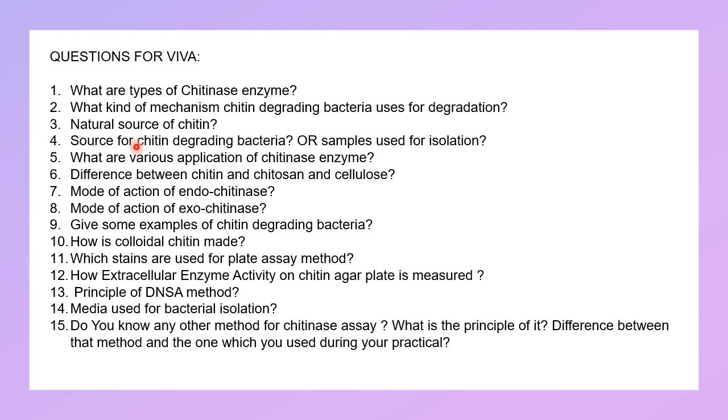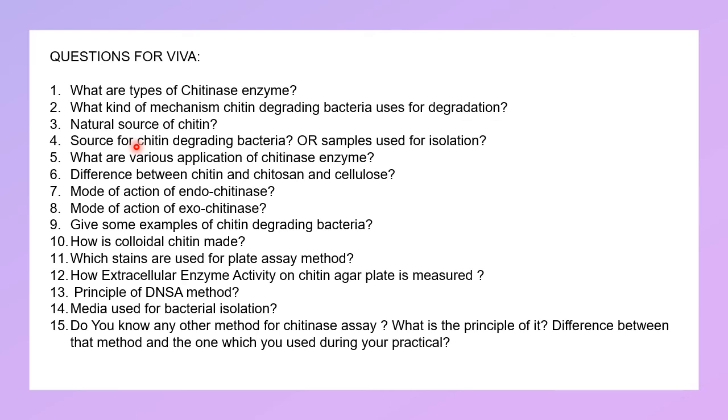Then how is colloidal chitin made, which stains are used for the plate assay method, how extracellular enzyme activity on chitin agar plate is measured, the principle of the DNSA method, and the media used for bacterial isolates.